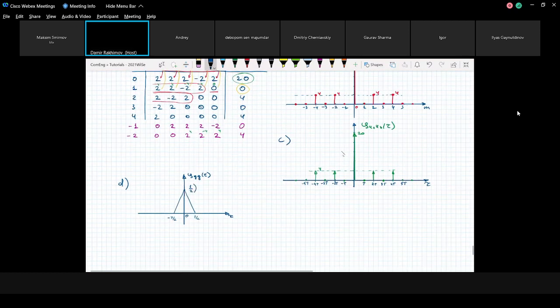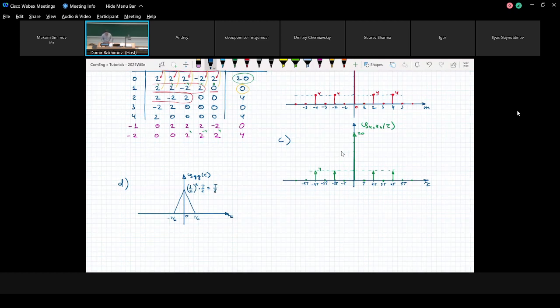We have to calculate the square of it, and we also have to multiply by the duration of our pulse. As a result, we get that the maximum value of the autocorrelation equals t/8. Whatever it is, you just need to be careful about it. Okay, fine. And that's it.